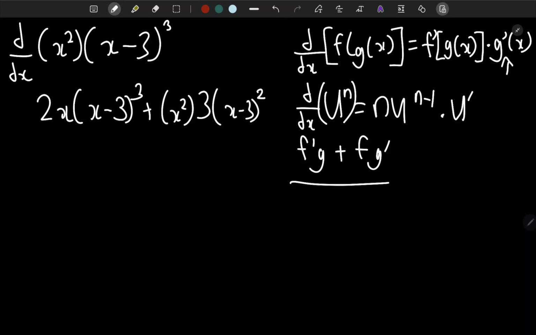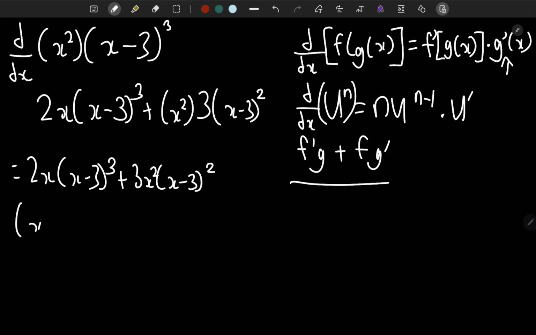So it's going to be 2 into (x minus 3) cubed plus 3x squared into (x minus 3) squared, and we can take the GCF, which is going to be (x minus 3) squared.